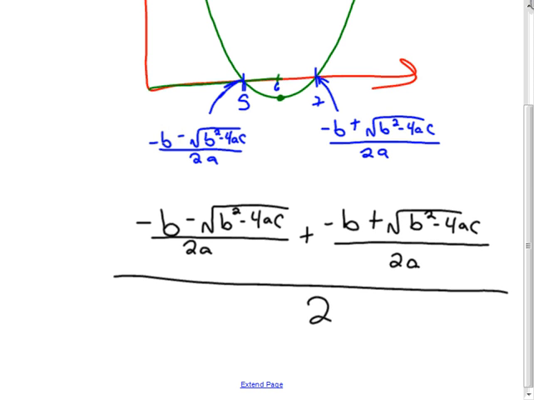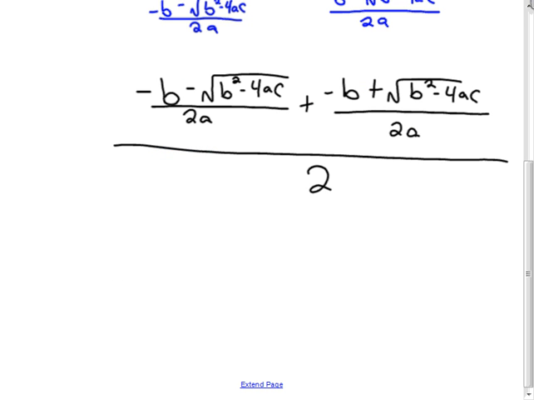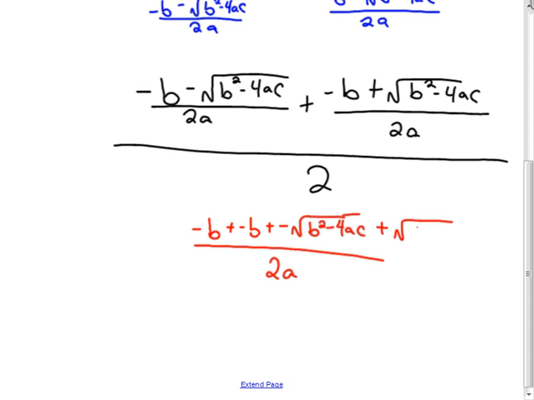I know it's kind of getting messy, but all of a sudden, watch what happens. Let's just look at my numerator. They're both all over 2a, so they have a common denominator already. So I'll rewrite that 2a. And now I'm going to add the numerators. I'm going to rearrange the order, though. There's a negative b plus a negative b, and then a negative square root of b squared minus 4ac, plus this time a positive square root of b squared minus 4ac.